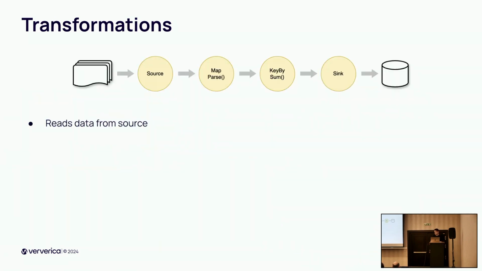To see how those transformations happen, we can take an example with a data processing pipeline where we read data from some source, in this case bounded data from a list of files. We send that data as a stream to the next operator, which applies a map transformation and parses the input into some internal representation.